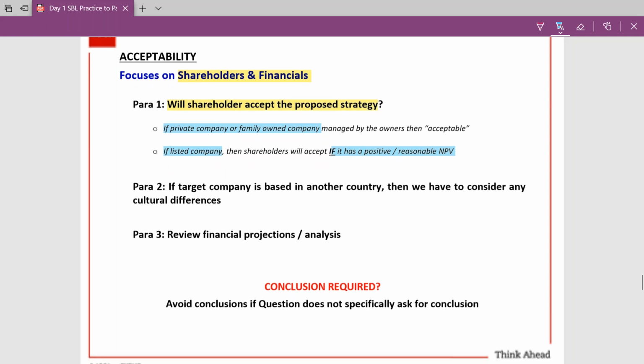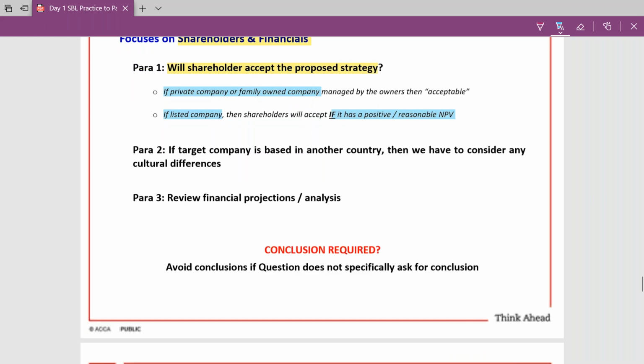The second paragraph is, if the target company is based in another country, then we have to consider any cultural differences. So you just need to write one sentence that the company needs to consider any cultural differences. I will show you when we will draft. And the last para will review the financial projections and analysis.